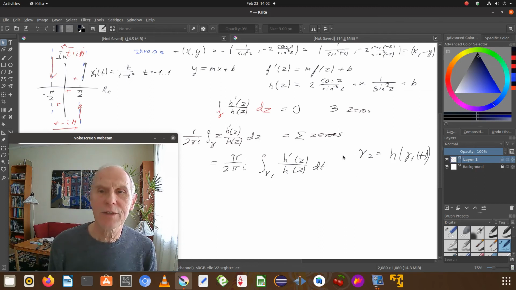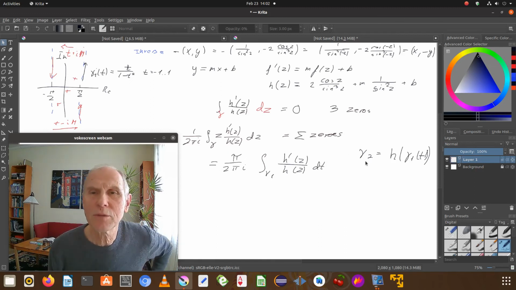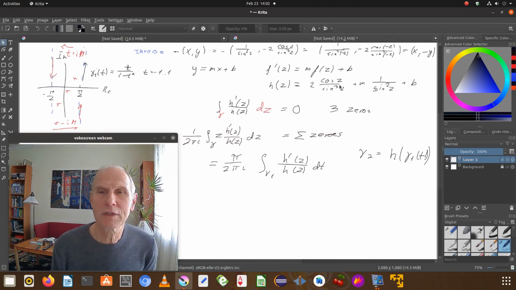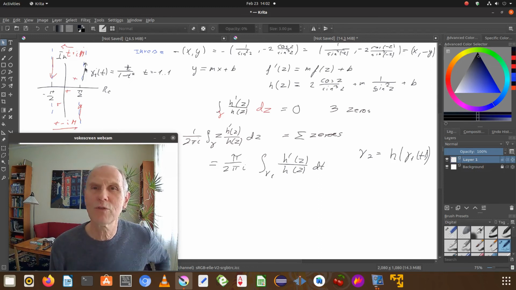And the next thing is that it's differentiable from the right here and from the left here, because this tends to infinity so quickly that the derivative vanishes. And that means that we can be sure that this integral actually converges. If we had it from -infinity to infinity, I couldn't be quite sure that it would converge.